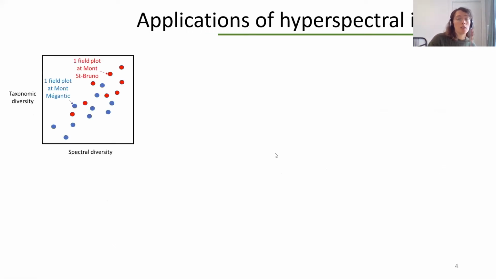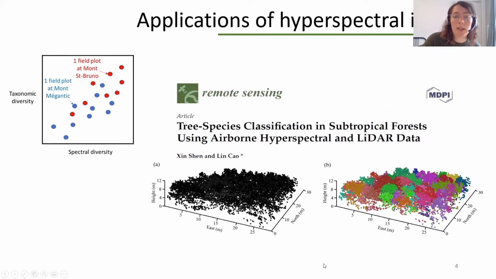But when we think about hyperspectral imaging, we more associate the plot level or the community level of the plants, where we try to link spectral diversity to plant diversity. But there have also been attempts to target tree individuals using airborne hyperspectral imaging data, for example, together with LiDAR data.